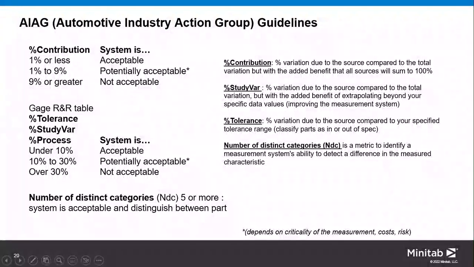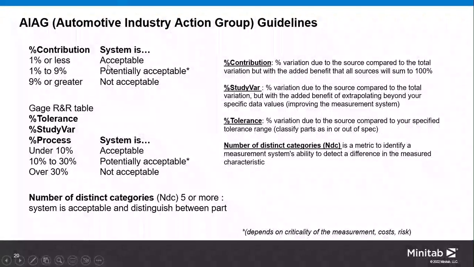For this case, we have the percentage contribution. If your percentage contribution is 1 or less, we consider it acceptable, so the measurement system itself is acceptable. If it is 1 to 9, it is potentially acceptable. If it is 9 or greater, it is not acceptable.